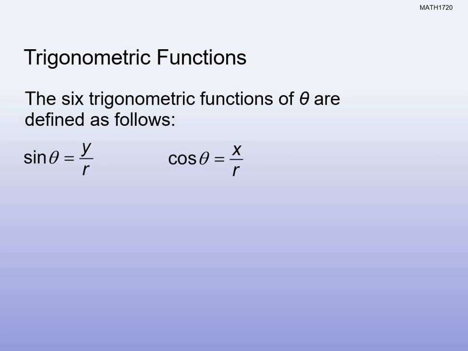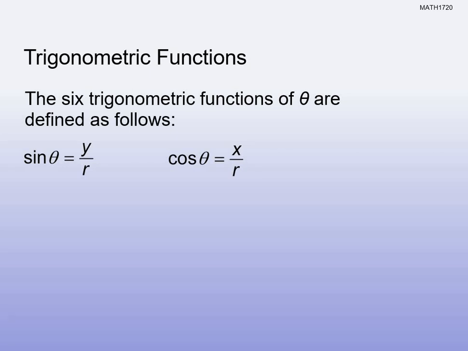So cosine of theta is x over r. You learned it as adjacent over hypotenuse. But we have x over r, so it's the horizontal component over the hypotenuse, or the magnitude.